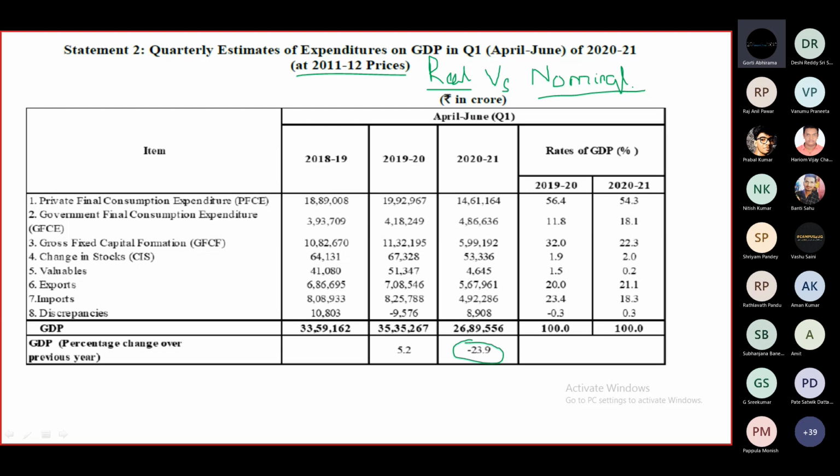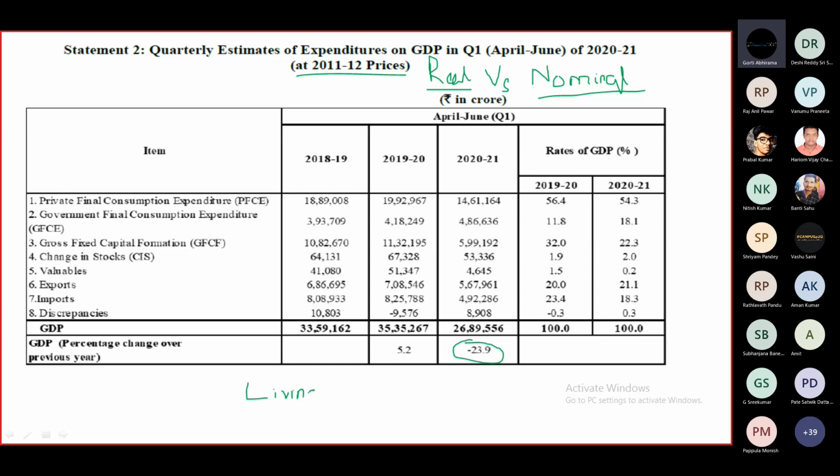Therefore, this real GDP or the constant price GDP can be a good proxy for understanding the living standard.